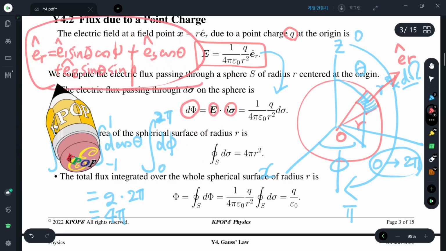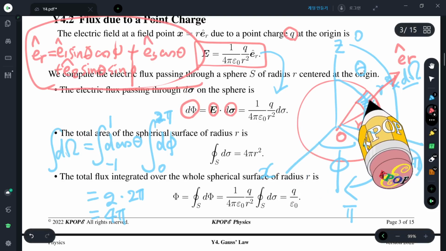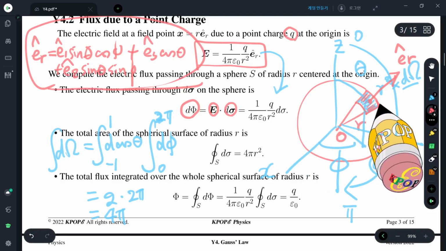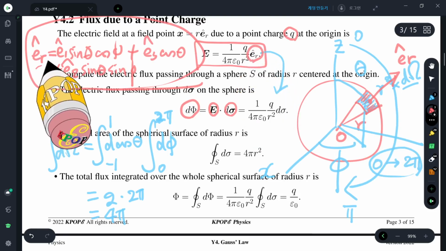The infinitesimal area vector and the direction of the electric field are parallel.